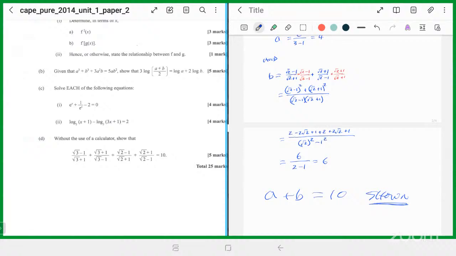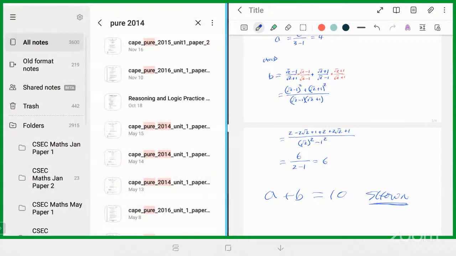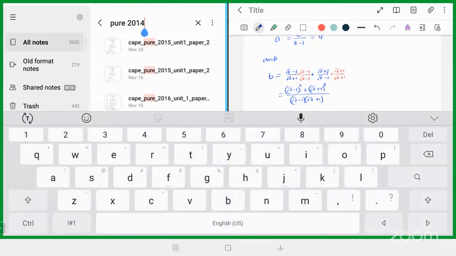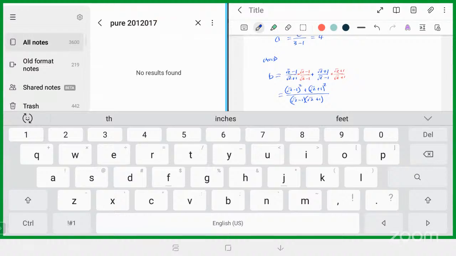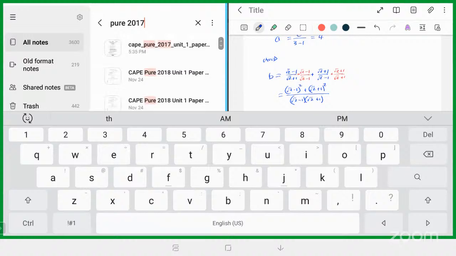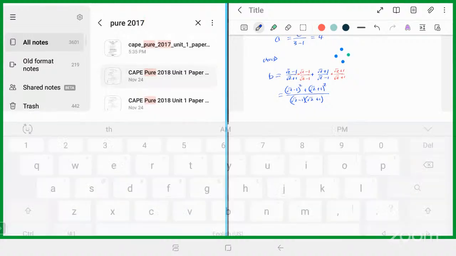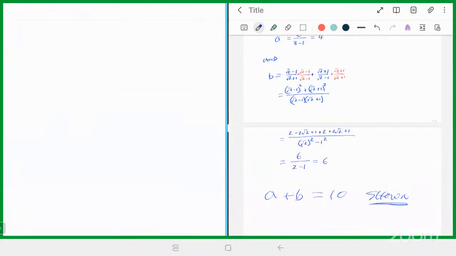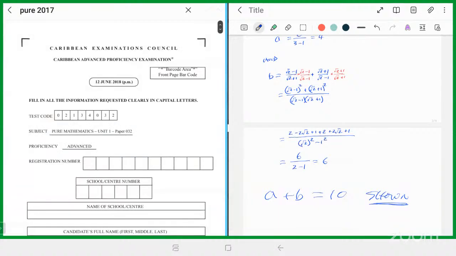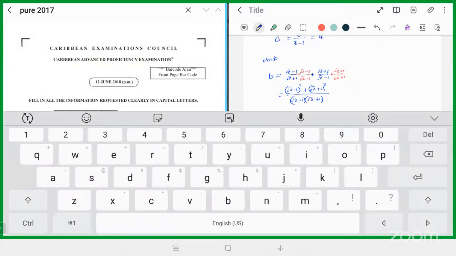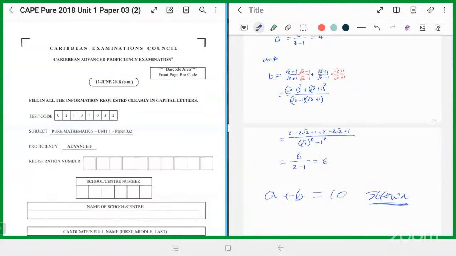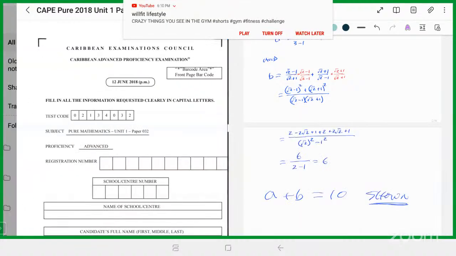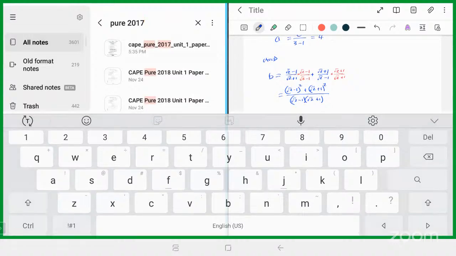Let's see. Um, 2018, oh, 2017. This one.